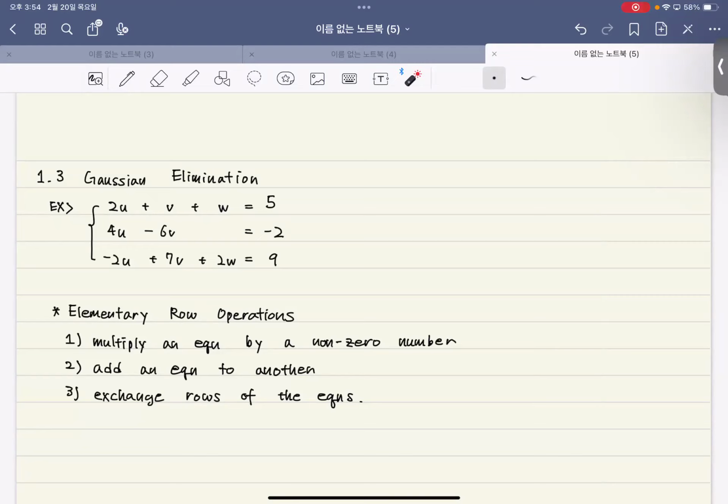No matter how many times you apply these operations to the original system, the set of solutions remains unchanged.